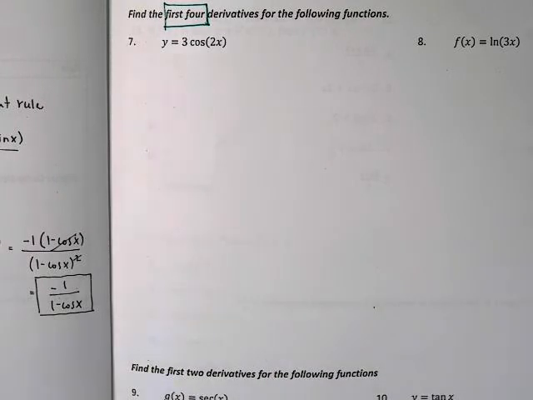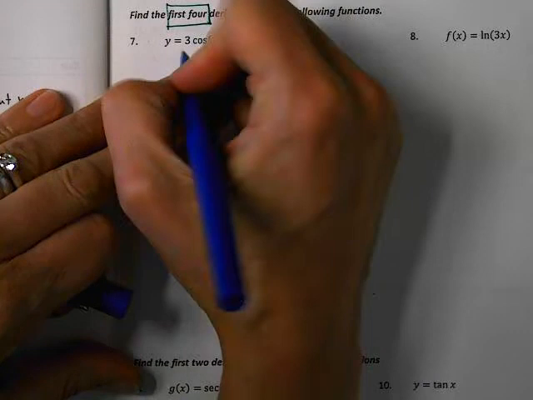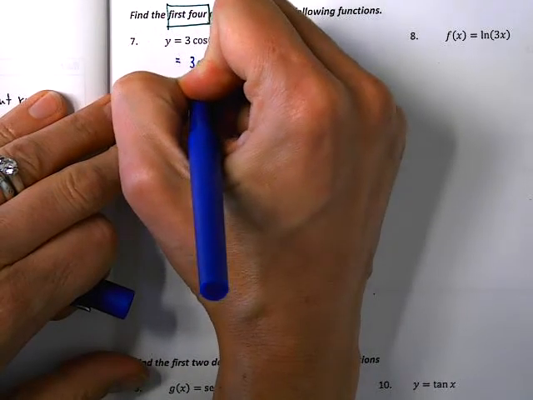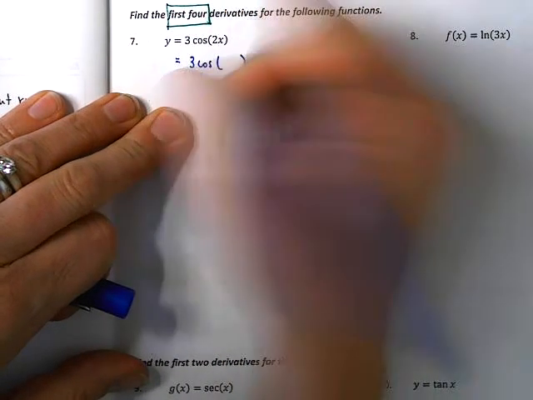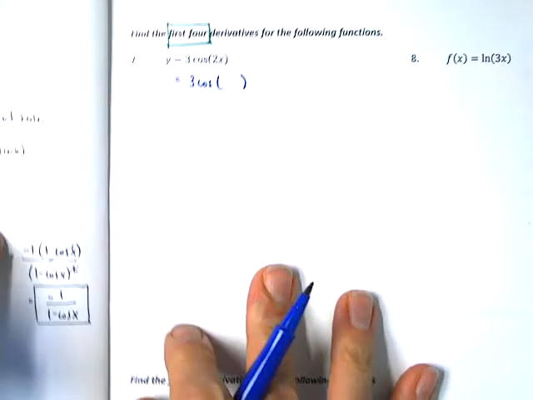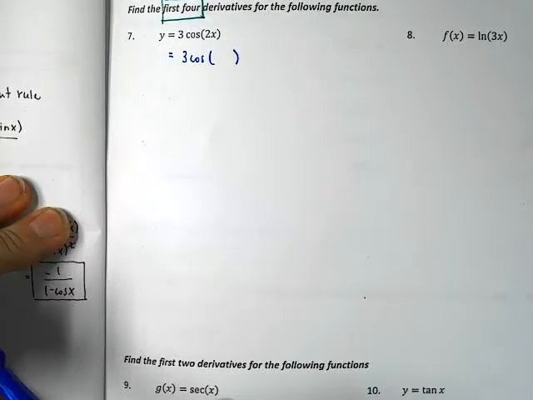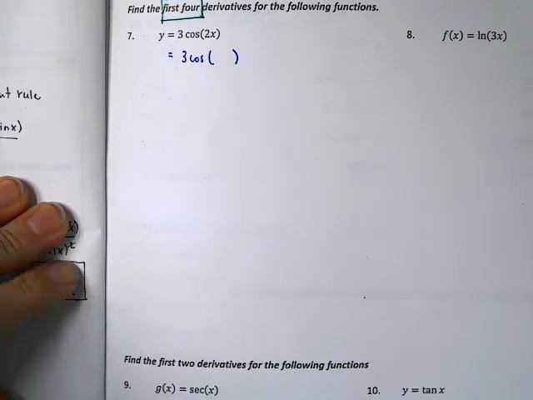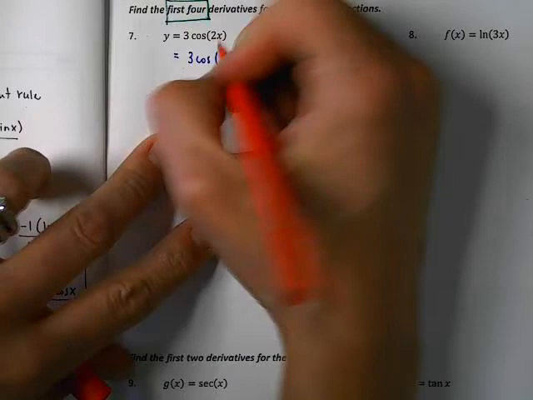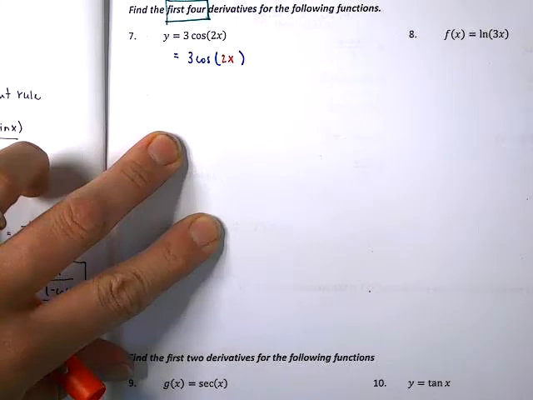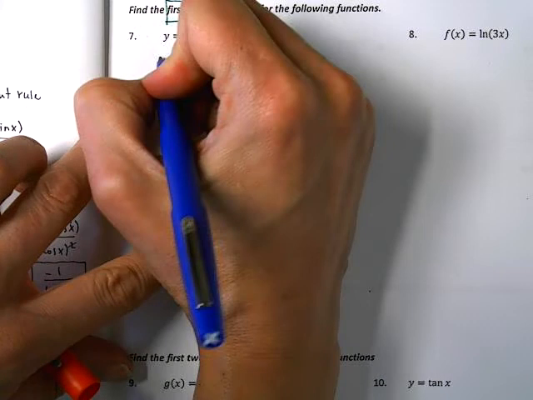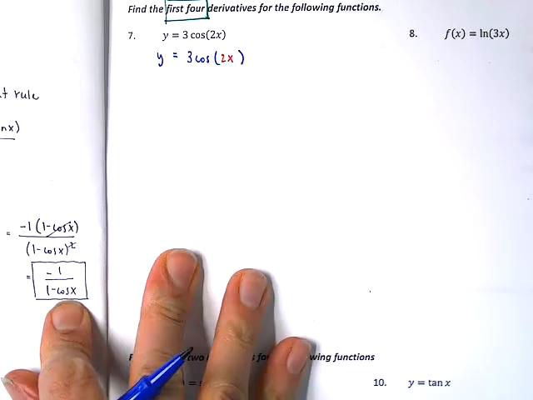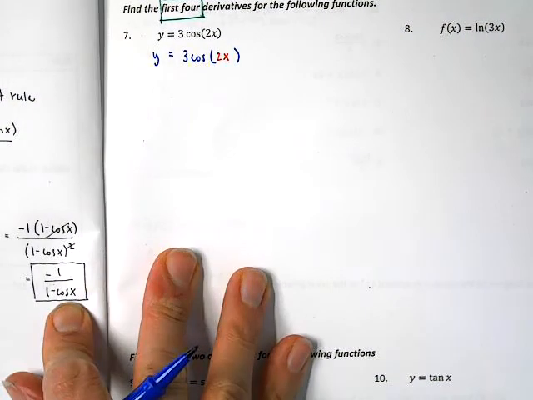If I look at this, and maybe I'll color code it, I see that on the outside I have 3 times cosine. On the inside, I have my function 2x. And again, this is still equal to y. I haven't done any differentiating yet.